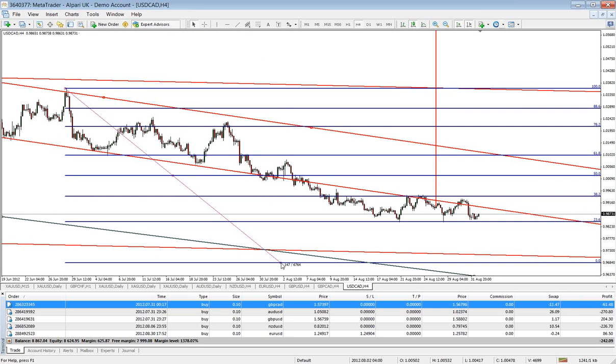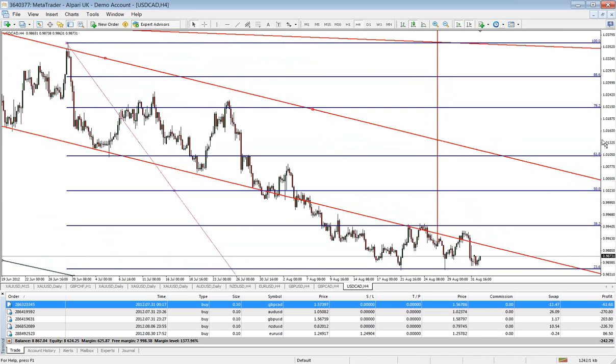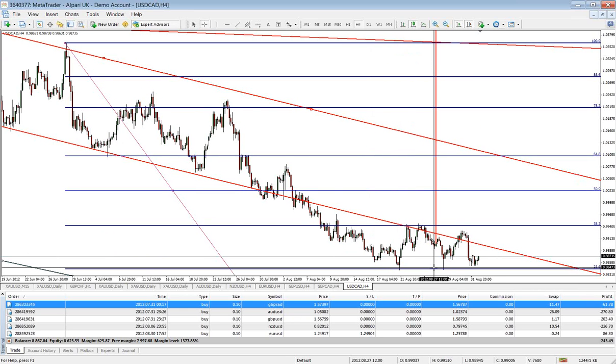Okay, you can see now how different it is. We actually had a Fibonacci level 23.6 right here, and it's acting now as a support. At the same time, 38.2 is acting as a resistance level. To confirm either an uptrend or a downtrend, I would like to see breakouts from either of these levels.